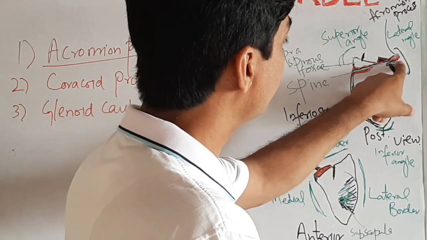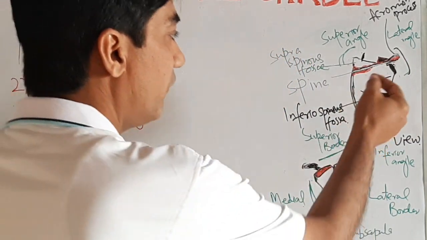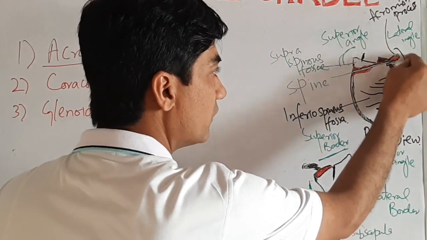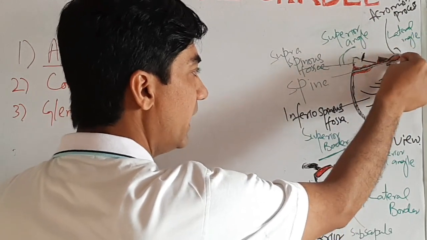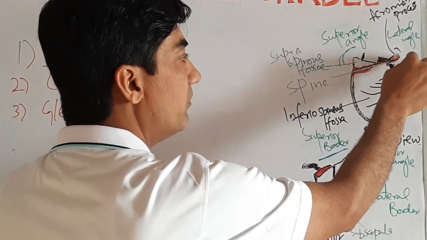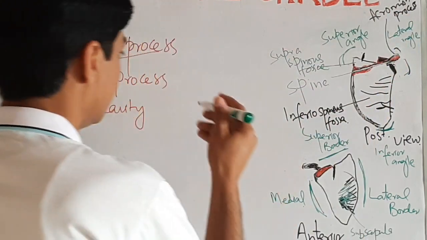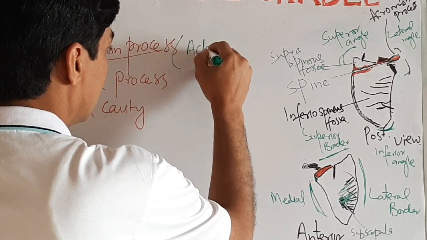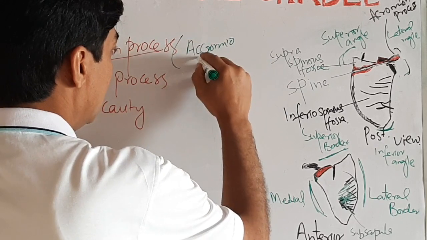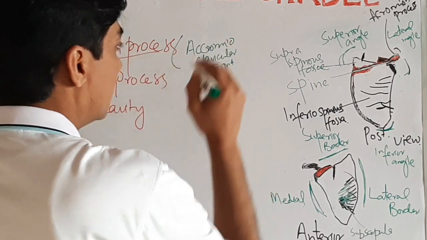This is a firm point where the clavicle attaches laterally and forms a joint with the acromion process. This joint is called the acromioclavicular joint.